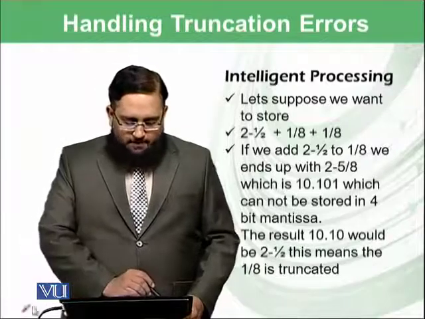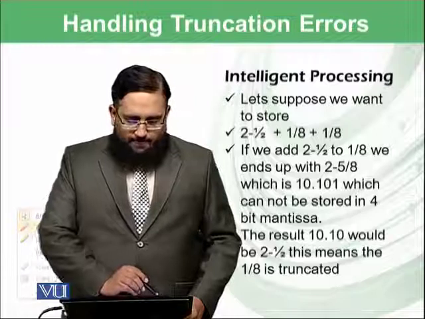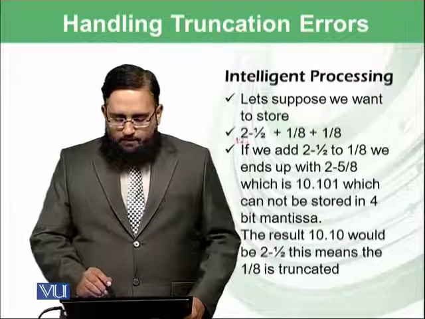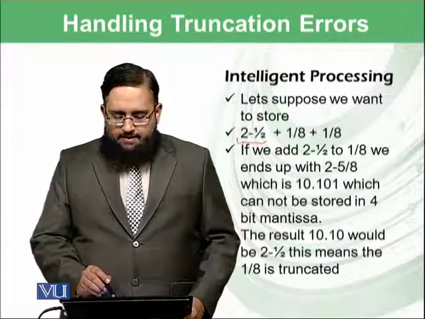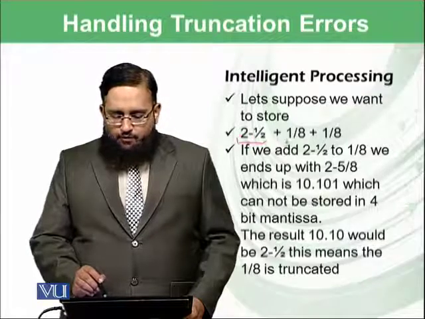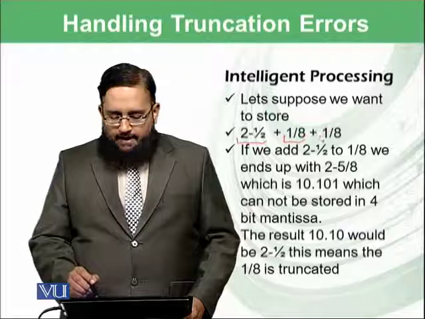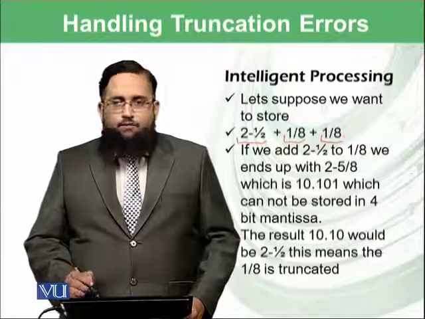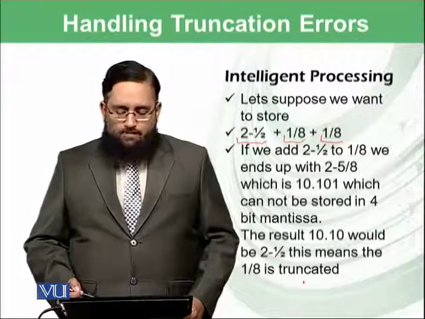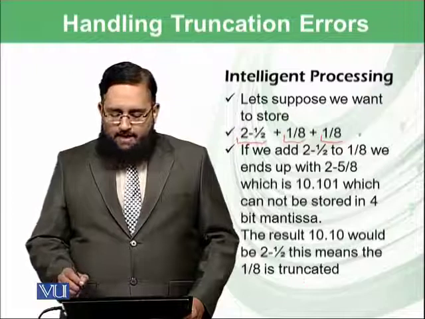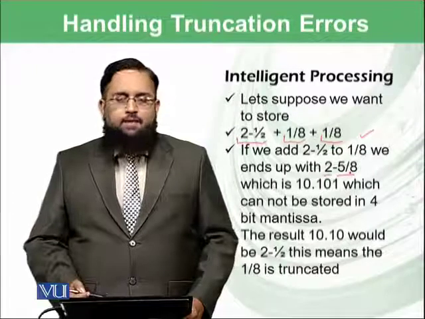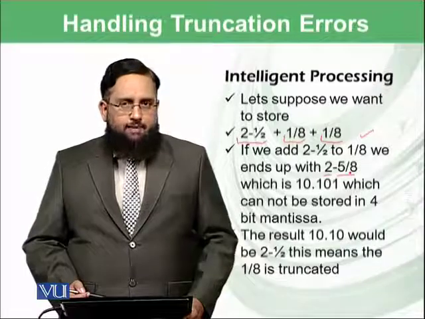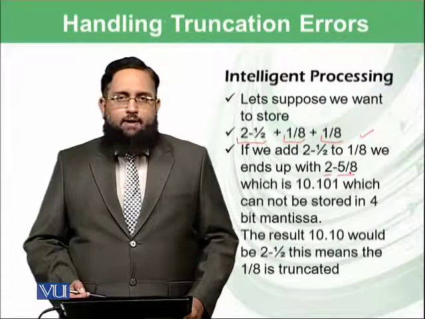For example, we want to add 2 whole 1 by 2, then 1 by 8, and then 1 by 8. If we add 2 whole 1 by 2 and 1 by 8, it forms 2 5 by 8. And we have learned in the previous example that we cannot store 2 5 by 8.